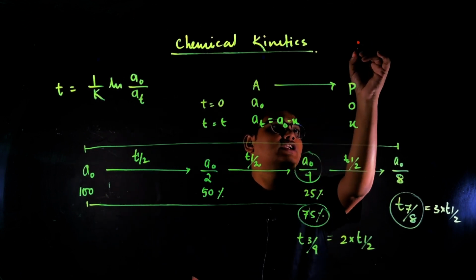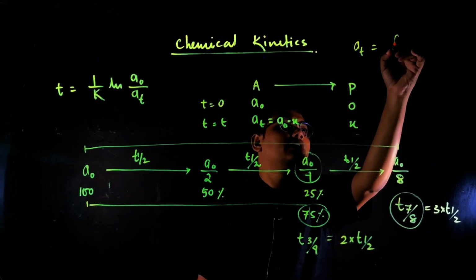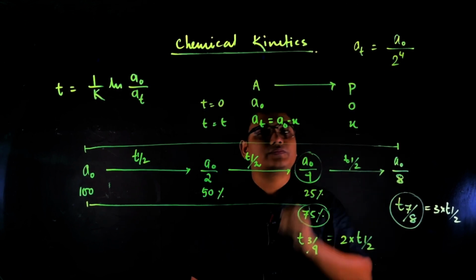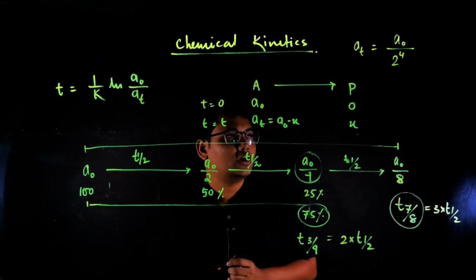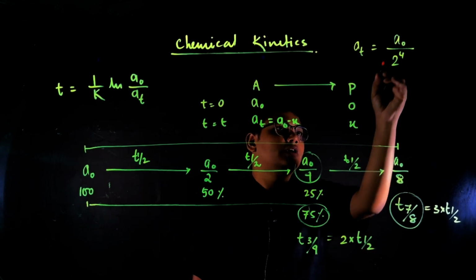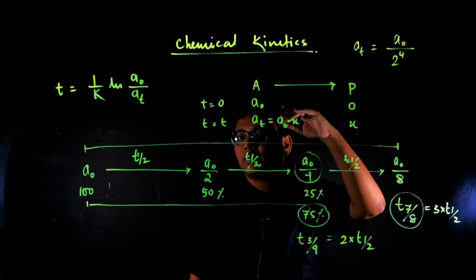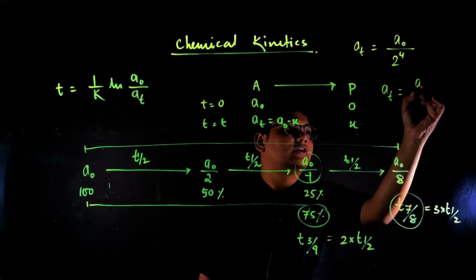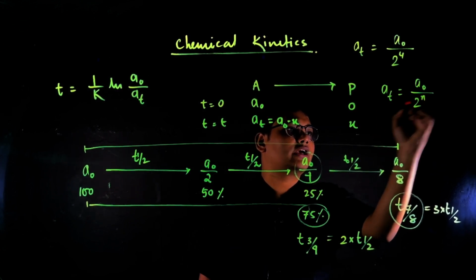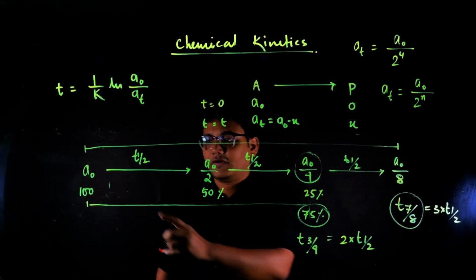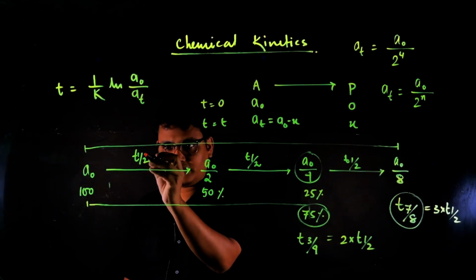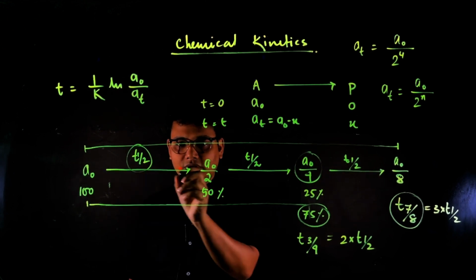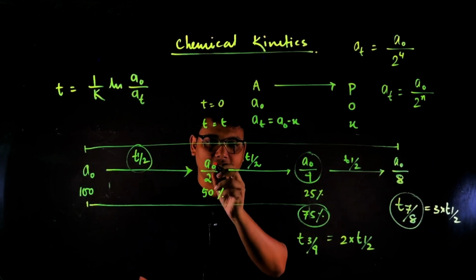then the concentration At will be A0 divided by 2 to the power 4. Or you can say, if the reaction proceeds n t half, then At will be A0 by 2 to the power n. So for 1 t half, it will be A0 by 2.